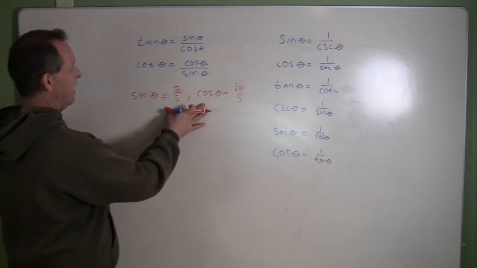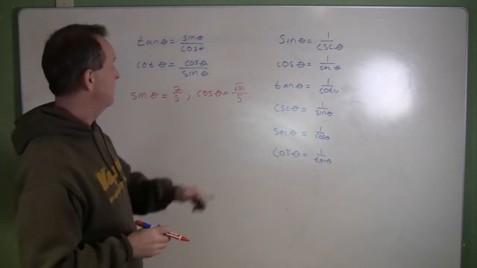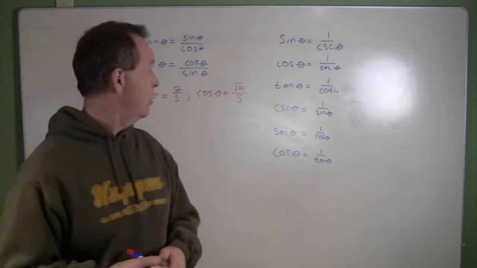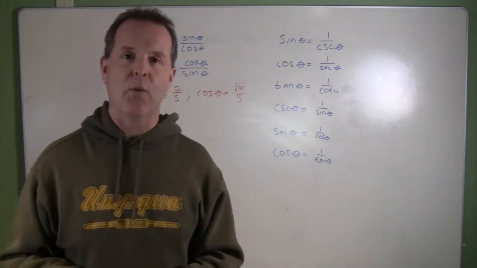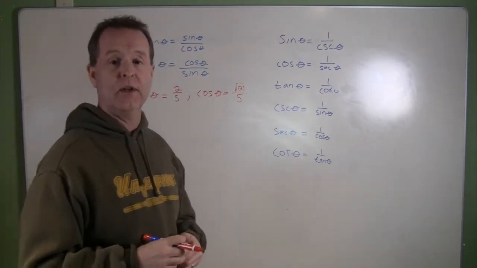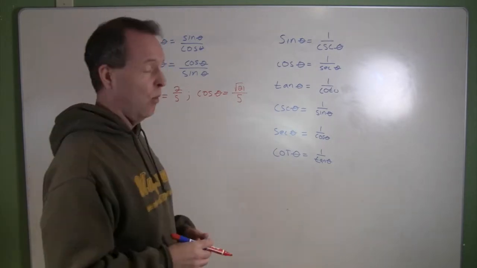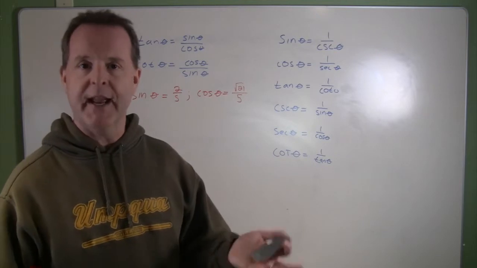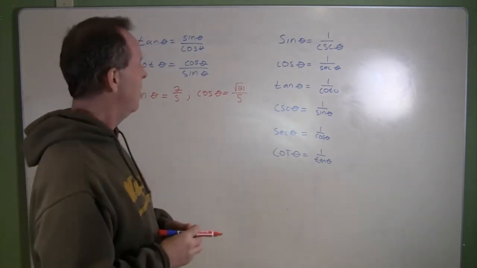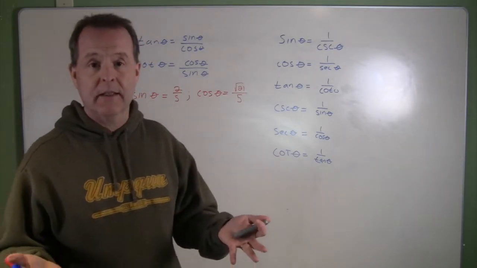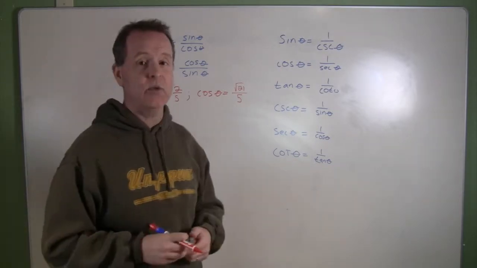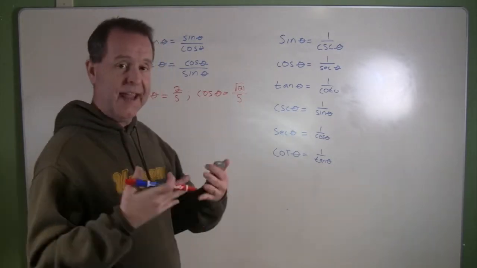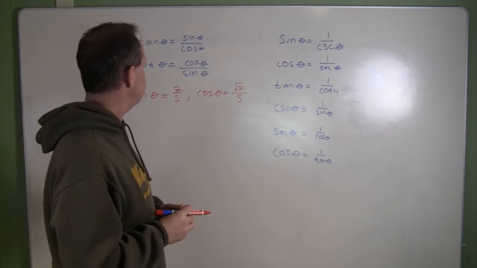I have an angle where the sine of theta equals 2/5, and the cosine of theta equals root 21 over 5. And I want to find out what all the trigonometric identities are. One way I could do it is to put those numbers back into a triangle and then recalculate everything. Or just for practice, because there will be times that using these identities will be more useful, let's get the hang of how to do that.